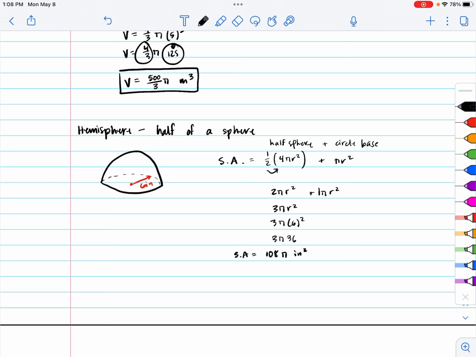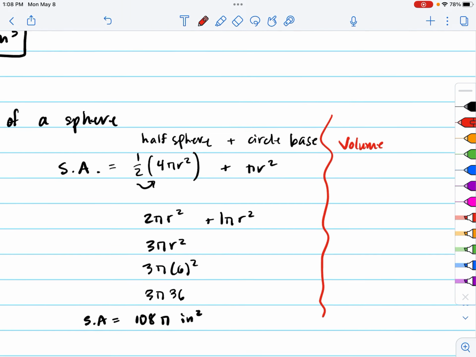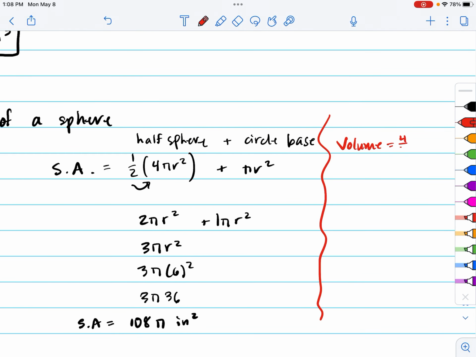Volume, fortunately for us, is actually a lot easier. So I'm going to try to squeeze this in here on the side just so we don't use up another piece of paper. Volume is more straightforward because all we have to do is cut the volume in half. So in this particular case, it's still 4/3 pi r cubed, where radius is equal to 6, and we plug this in. Volume is equal to 4/3 pi times 6 cubed. 6 cubed is 216.